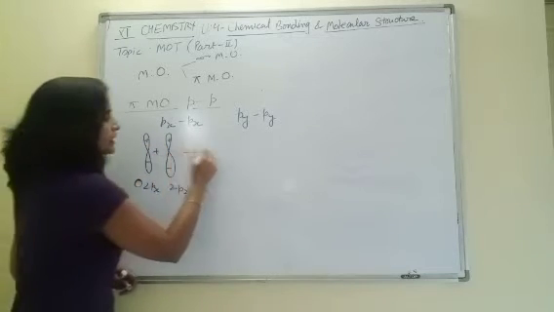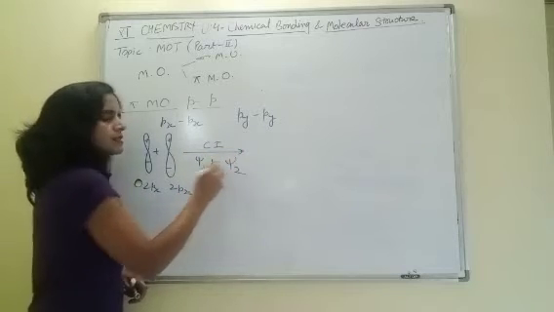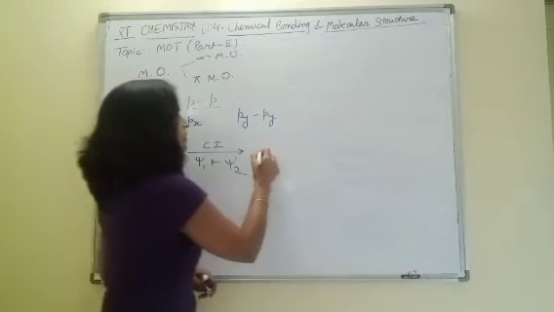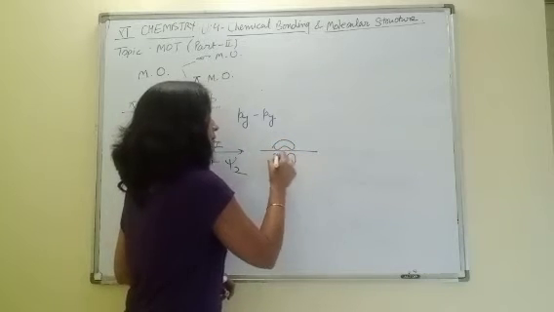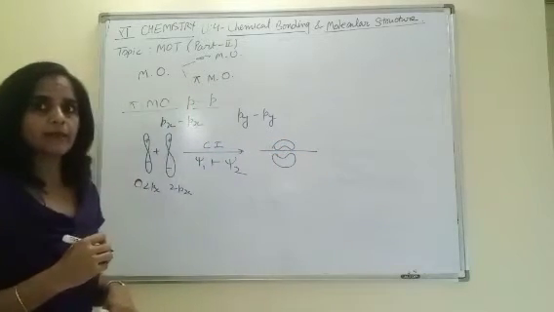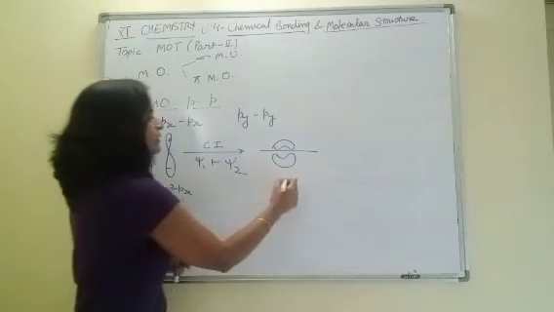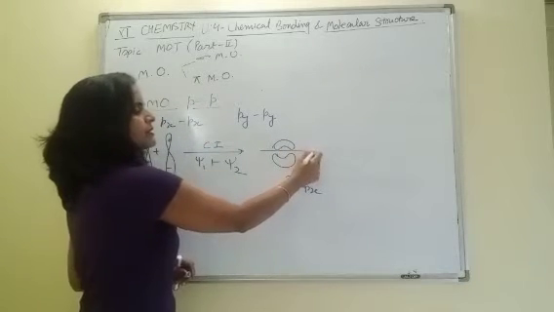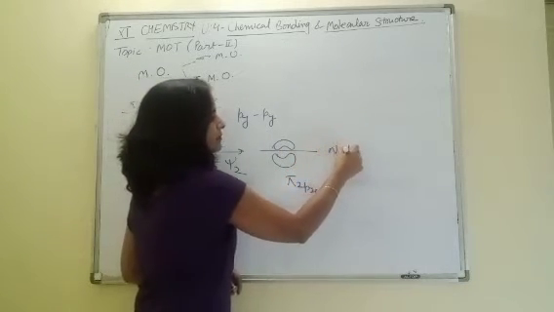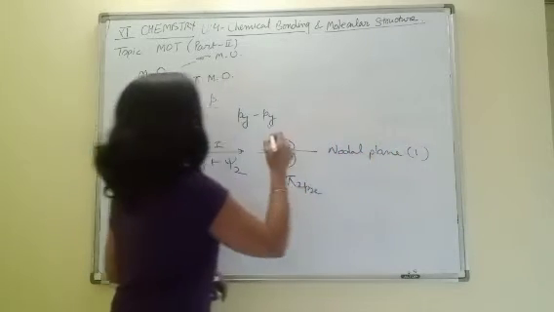If it is constructive overlapping, that is xi1 plus xi2, the pi bond is formed above and below the internuclear axis. Remember? So this is the representation of the formation, and we show it as pi 2px. And the nodal plane, this is clear, only one nodal plane, a zero probability region.